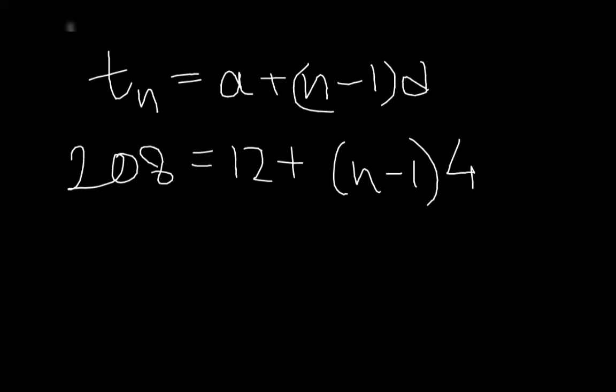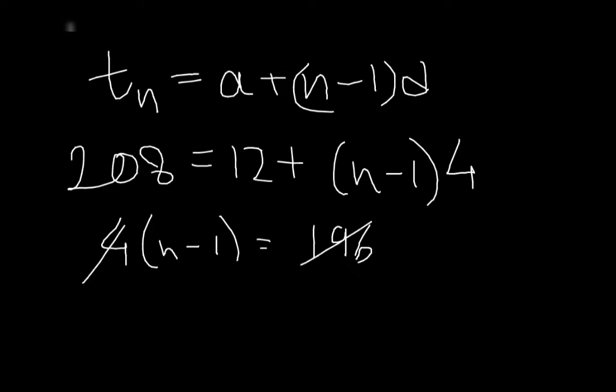I'll take this side: 4 into n minus 1 is equal to 1996. If I divide 1996 by 4, it comes out to be 499, so n minus 1 will become 499. So n will become nothing but 500.